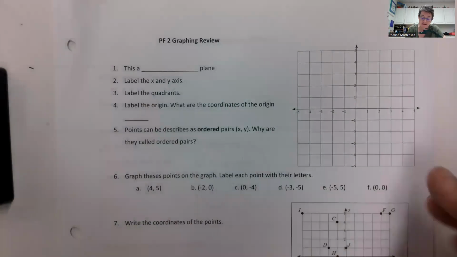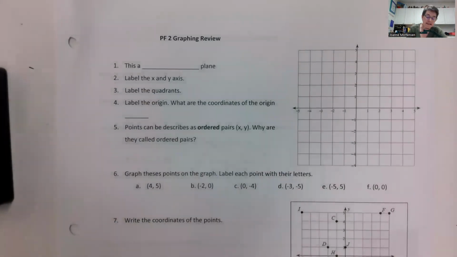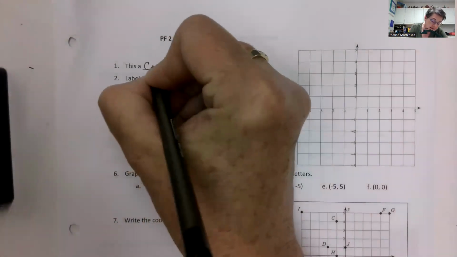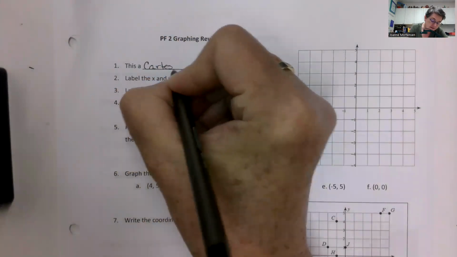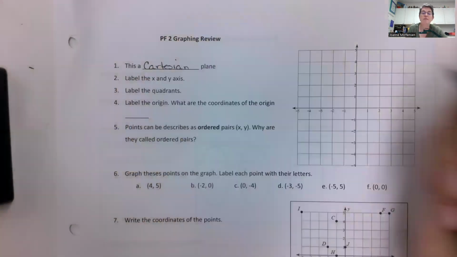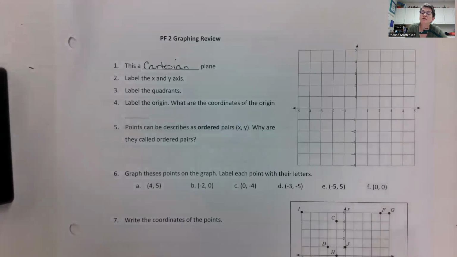Okay, so this over here is a Cartesian plane, named after a very famous French philosopher, René Descartes. He was most famous for saying, "I think, therefore I am."